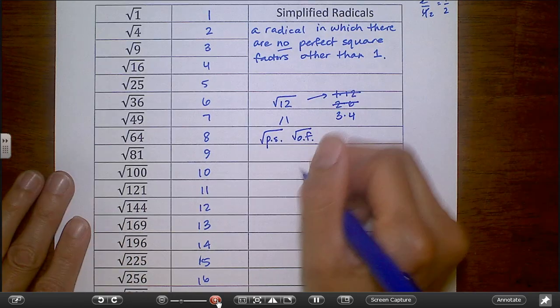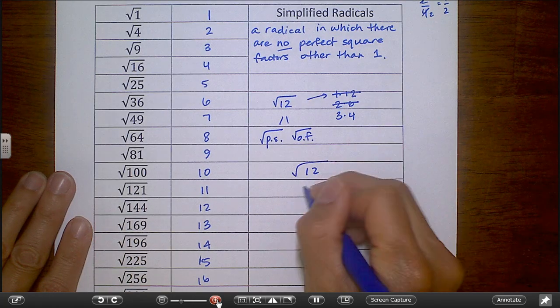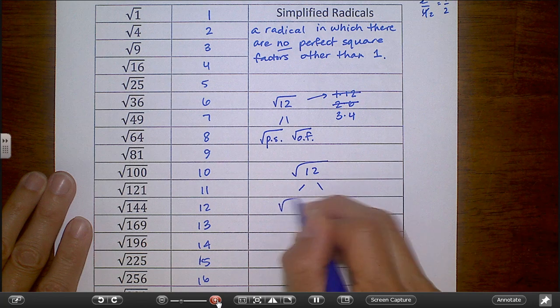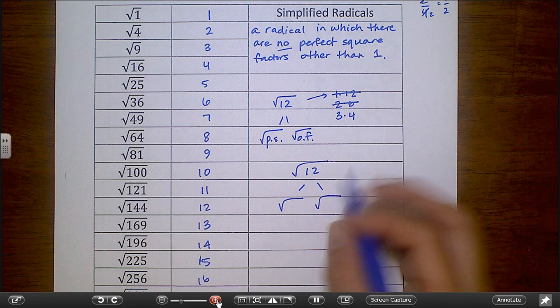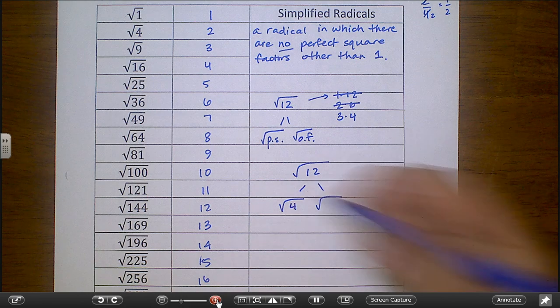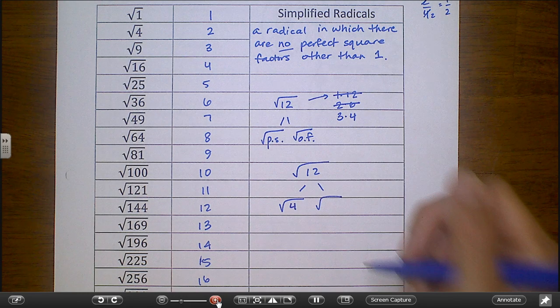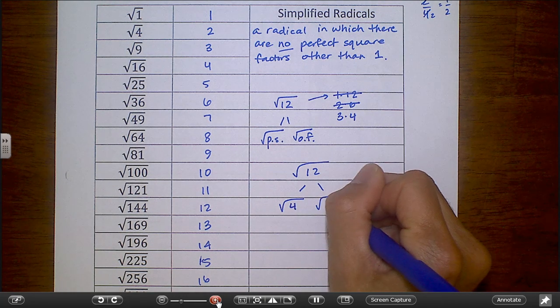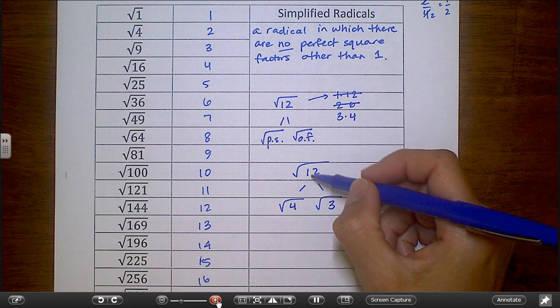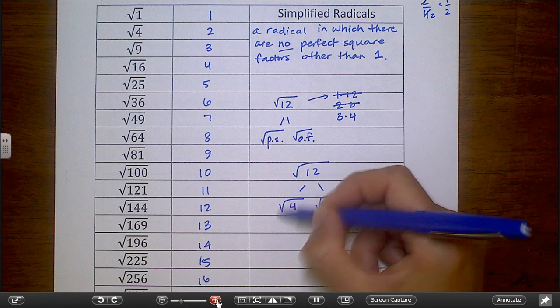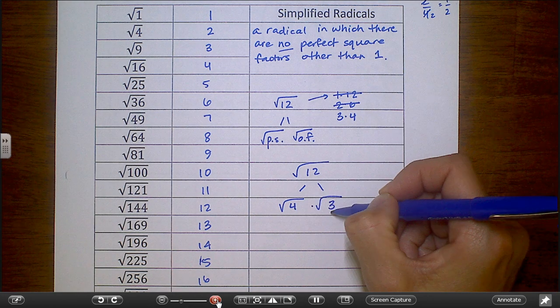So you would rewrite the square root of 12 as two different radicals: the perfect square, which is 4, times the square root of its other factor, which is 3. The square root of 12 is the square root of 4 times the square root of 3.